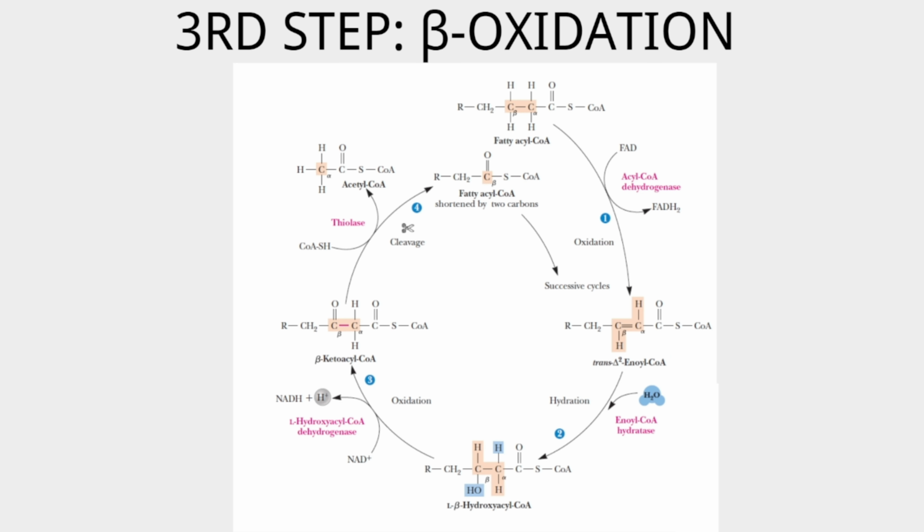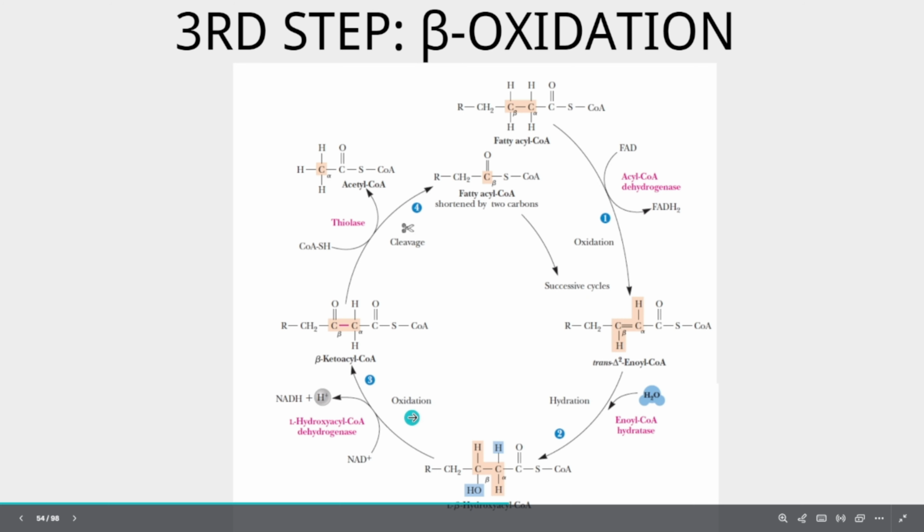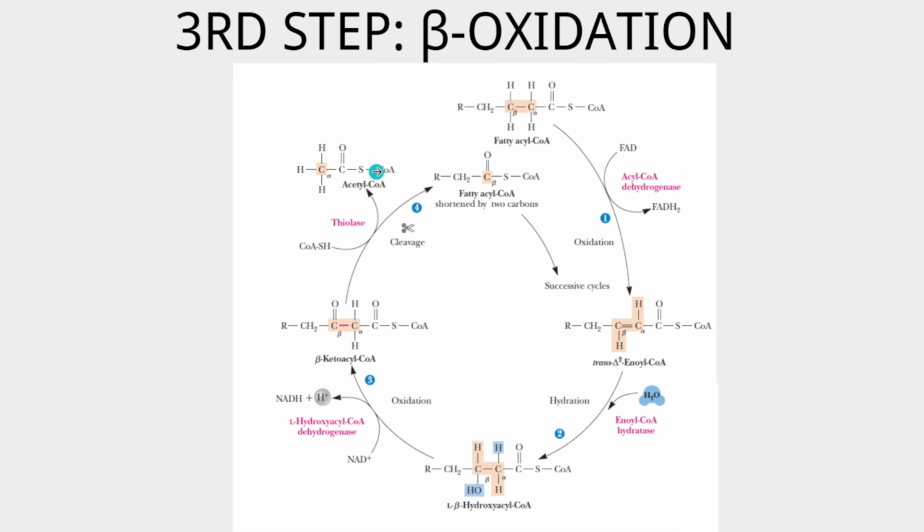Like 20 means you will undergo 10 rounds of beta oxidation. 10 rounds of beta oxidation will produce 10 FADH2 and 10 NADH, and you will also produce 10 acetyl-CoA. So 10 acetyl-CoA entering the Krebs cycle will produce 30 NADH, 10 FADH2, 10 GTP.